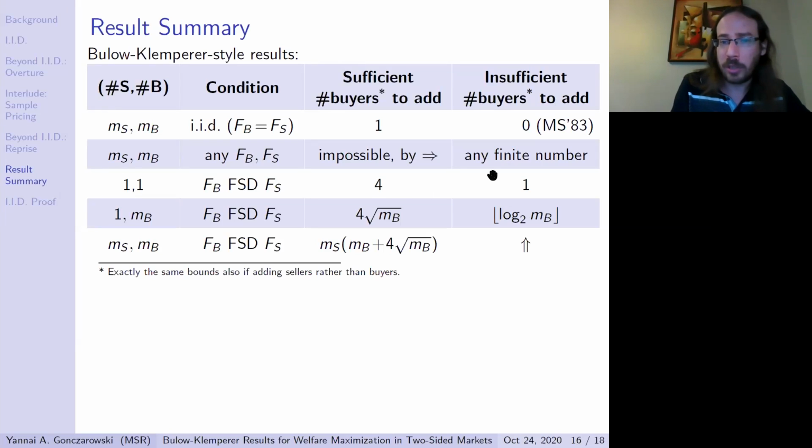It's true that here you need to add 4 to 1. But as I said, generally 4 square root of m, and more generally, 1 does not suffice. It's not a problem with our technique, and 1 does not suffice for any simple mechanism. I agree it would have been cooler if 1 had sufficed generally, but at least for I.D. it does. And there are motivations for I.D. as well.